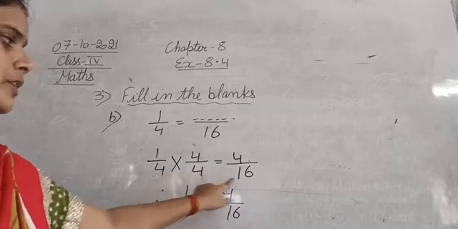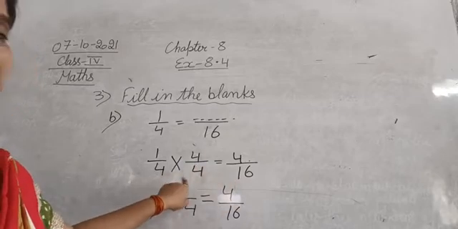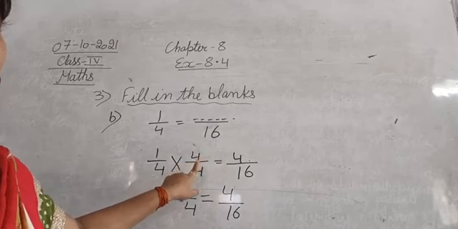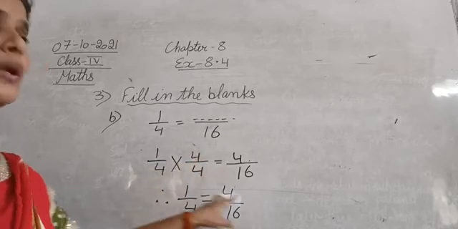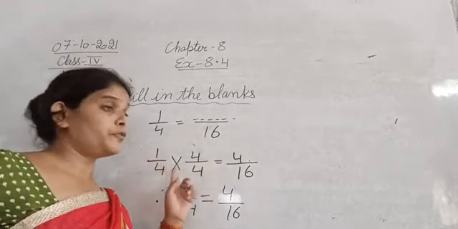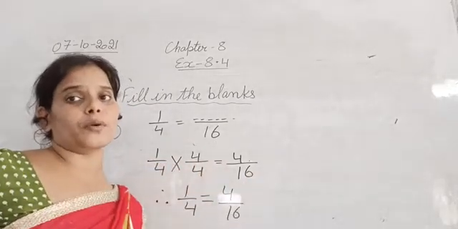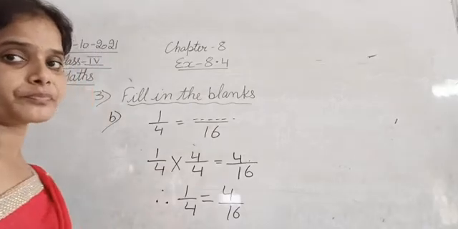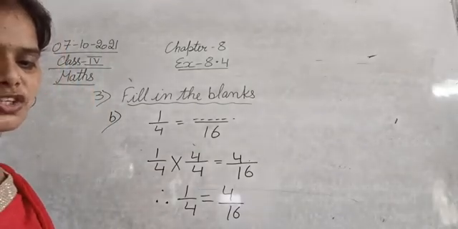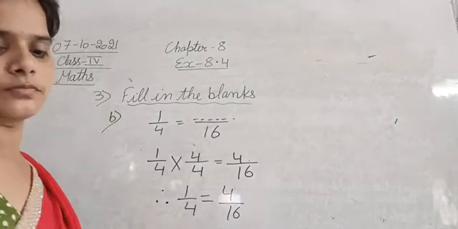So 4 into 4 is 16. If the denominator is getting multiplied with 4, definitely the numerator will also be multiplied with 4, and they both are equivalent fractions. So after multiplying 1 upon 4 with 4 upon 4 we got 4 upon 16. Clear? So this is the solution of the B part of question number 3.